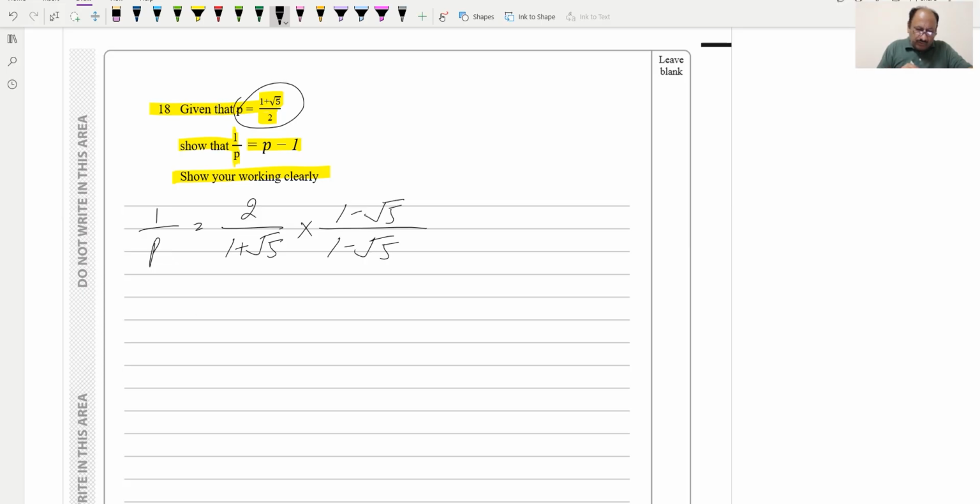So this will be equal to 2 into 1 minus root 5. If I write properly, over this will be 1 square minus root 5 square by the formula a square minus b square is equal to a plus b into a minus b.